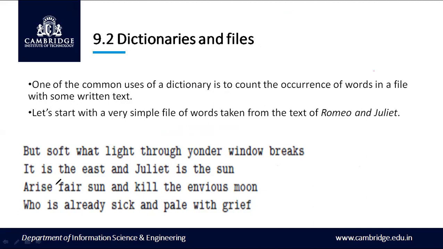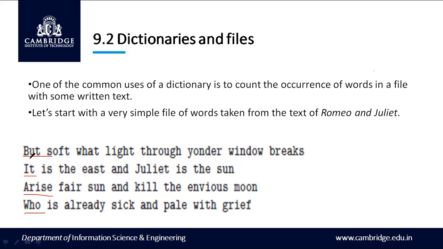Similarly, you can also see that we have this "But", correct? With uppercase B, we have this word "It" with uppercase I. We have this word "Arise" with uppercase A and "Who" with uppercase W. But the thing is, these particular words are not repeated anywhere here.